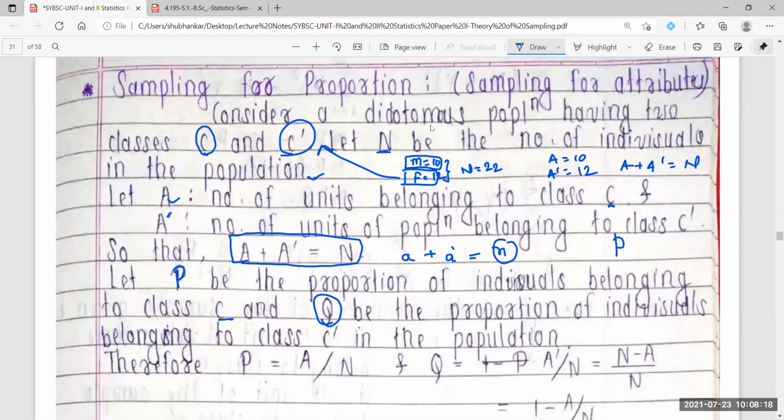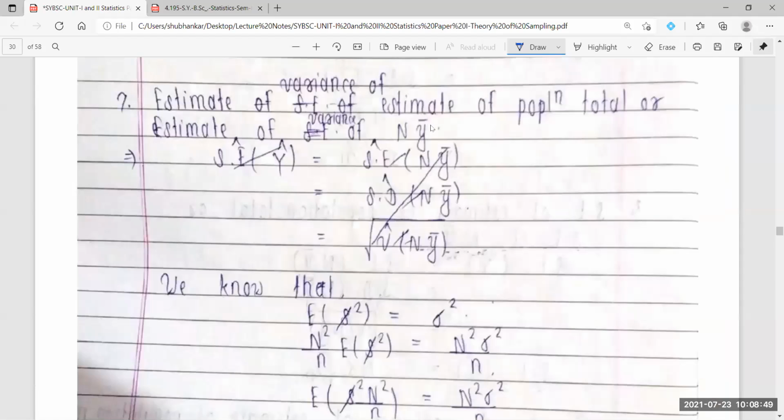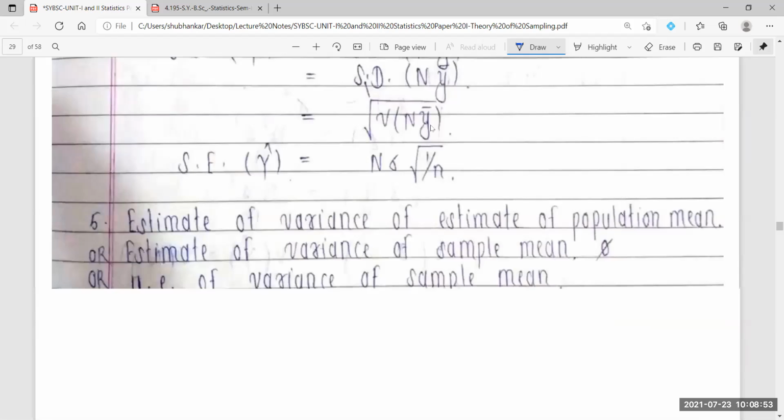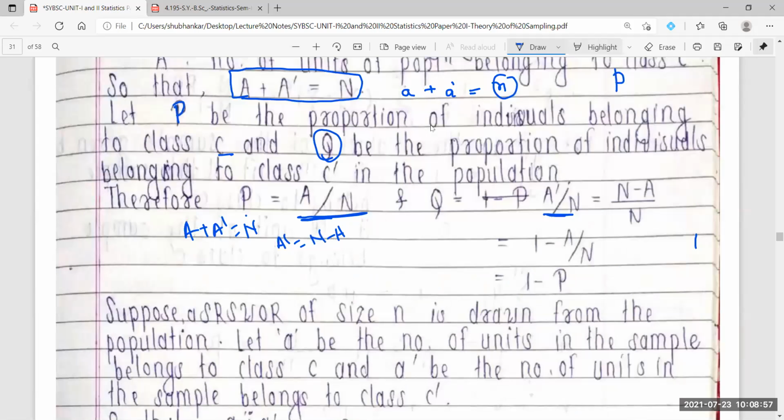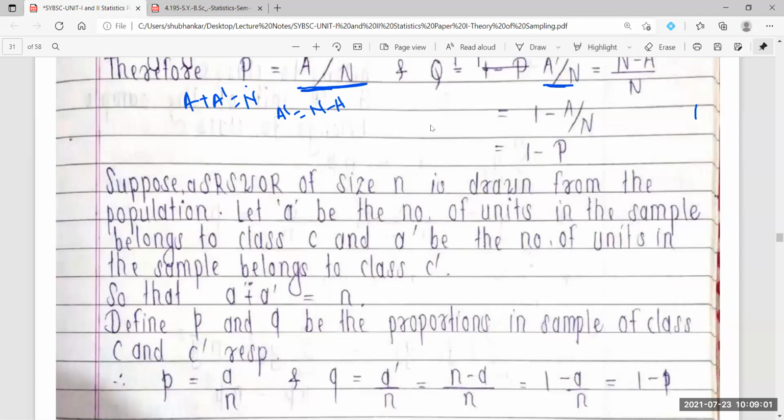So in the population, capital P is equal to capital A divided by N, and capital Q is equal to A complement divided by N. But we have a relation that A plus A complement is equal to capital N. So that implies A complement is equal to N minus capital A. So Q is equal to N minus A divided by N. So 1 minus, again we divide by N for two terms in the numerator, 1 minus A by N is there, and this is equal to 1 minus P, as Q is equal to 1 minus P.